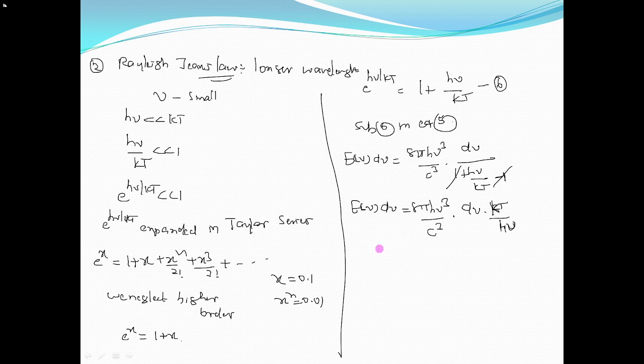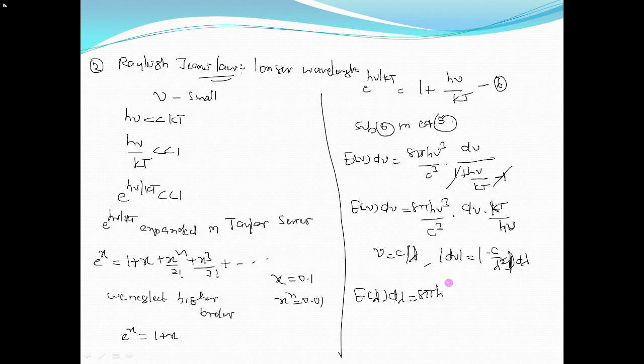Now we want to substitute c by lambda in place of nu. What happens to modulus of d nu? Modulus of minus c by lambda square d lambda. So you substitute this. We'll get E lambda d lambda is equal to 8 pi h.